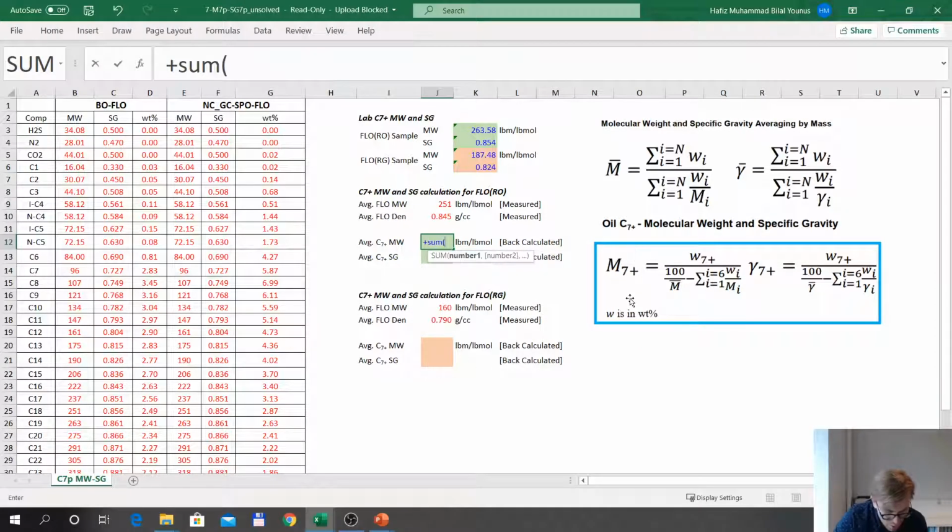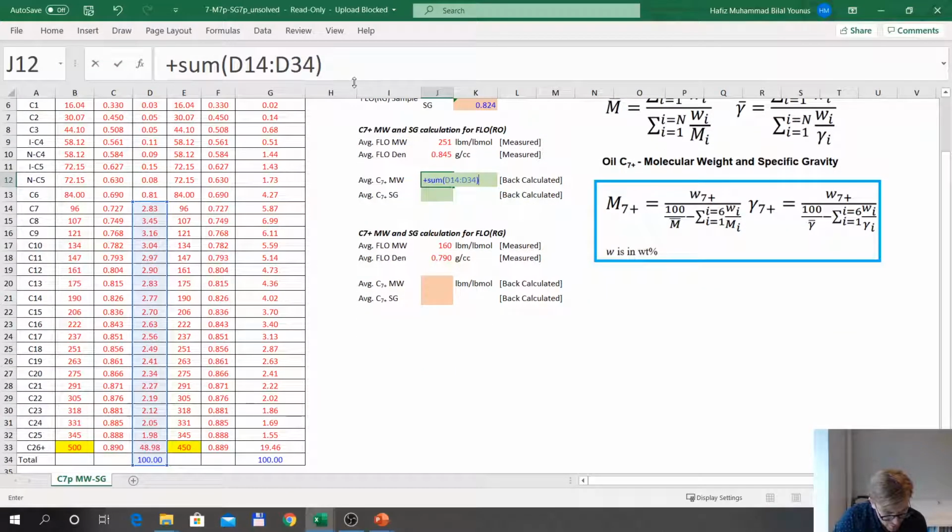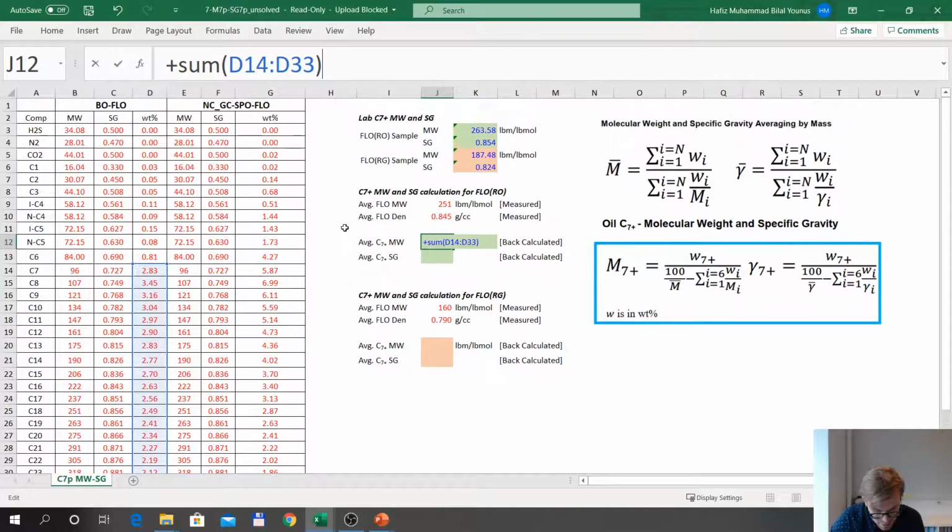We need to sum up everything that's heavier than C7. So that's either just to sum up that column right there to C33, or to do 100 minus everything that's lighter than C6, which is the same thing.